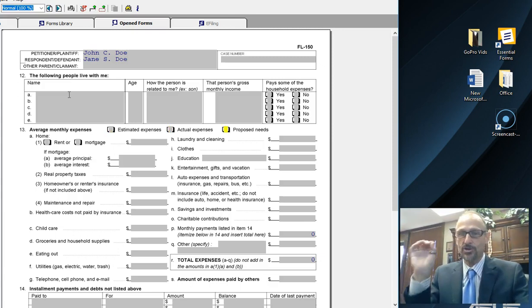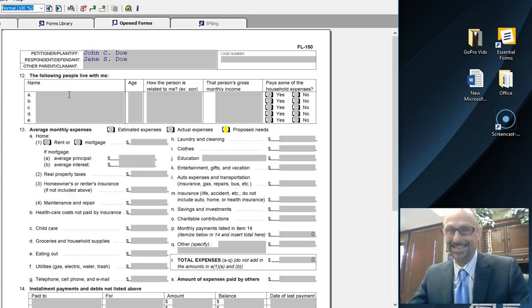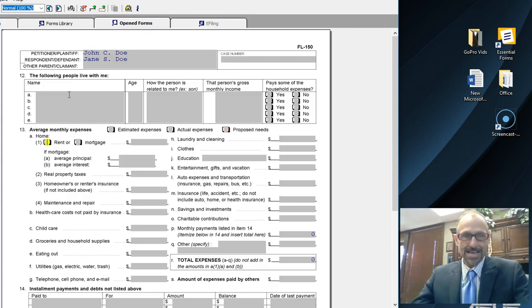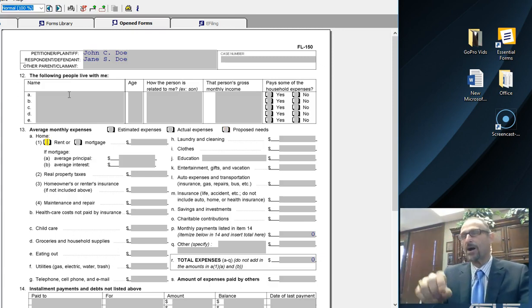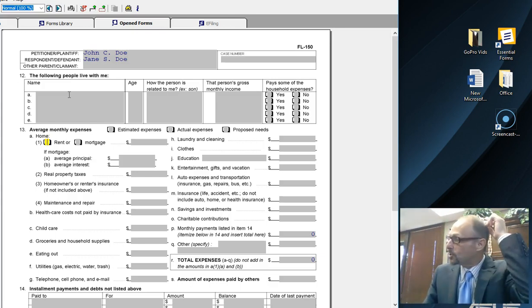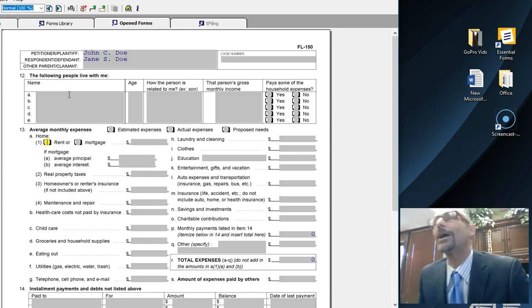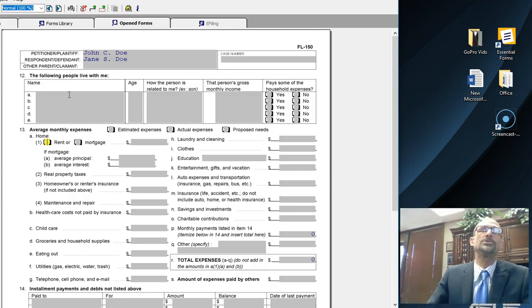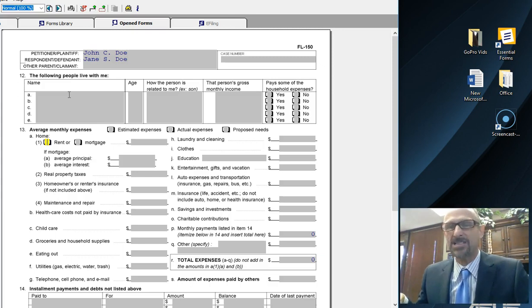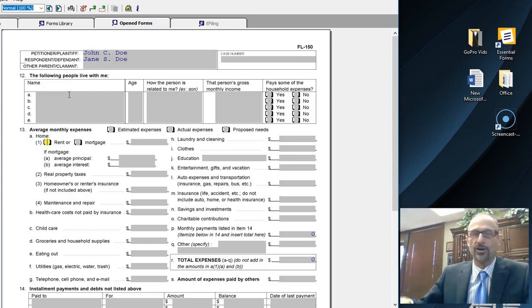So if that's your situation, you might want to mark proposed needs instead of estimated expenses. And then you're going to put in all these boxes how much you anticipate your expenses are going to be when you move out, what your proposed rent is going to be, what your proposed expenses are going to be needed for clothing or laundry and cleaning or childcare.